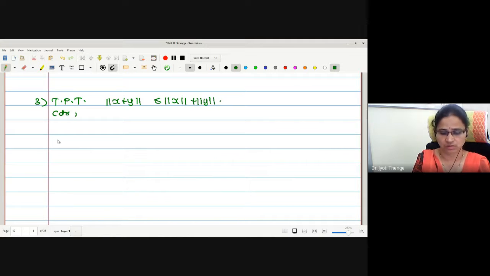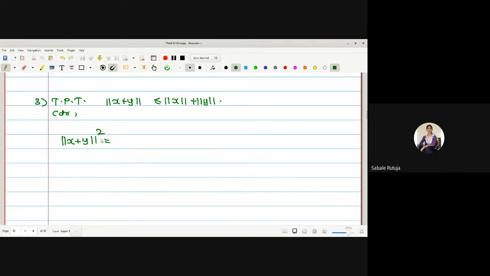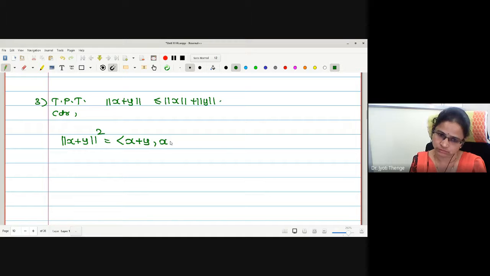Third. Instead of considering norm, I consider norm square, because if I consider norm x, we have to take the square root. So what is norm square of x plus y? Inner product of x plus y with x plus y. Let us use linearity in the first variable.